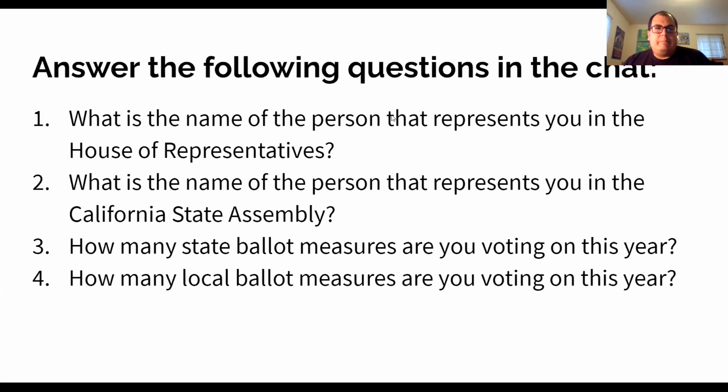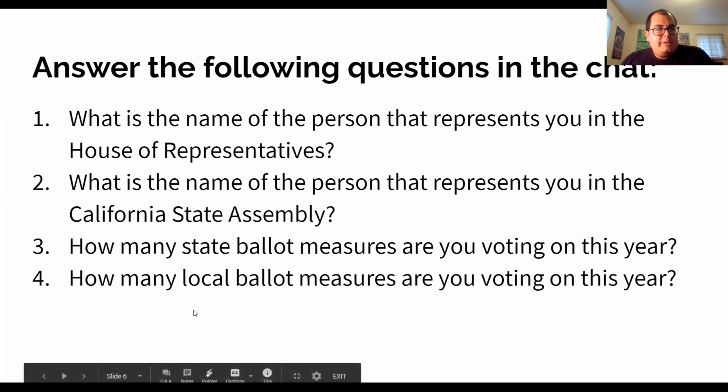Depending on where you live, either in Eureka, Arcata, McKinleyville, Fortuna, wherever, that's going to dictate how many local measures you vote on, because some might be just in your city. Some might be just for a certain region or area. But like I said, where you live is going to directly impact how many measures you vote on in your local community.